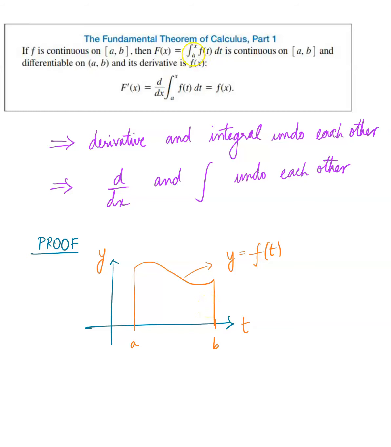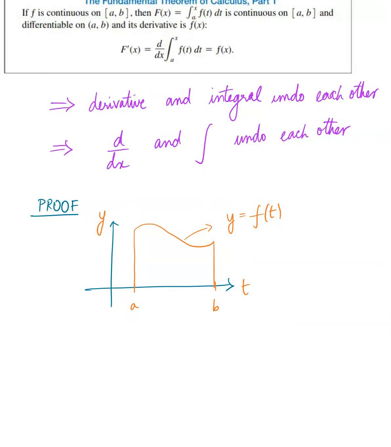So what we see here is the integral from a to x of f of t dt. I'm going back to the definition. That means the area under the curve f of t all the way from a to x. That's what we learned in definite integrals. So I'm going to write that information here quickly as a little aside for us.